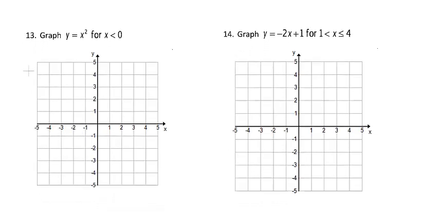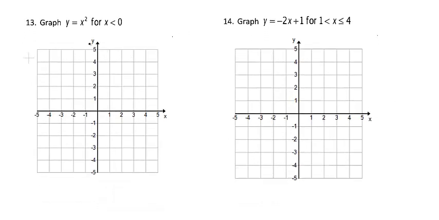Let's look at a couple more examples of these. If I want to graph y equals x squared for x less than or equal to 0, to show the difference between the other two that we've done, I make a chart.